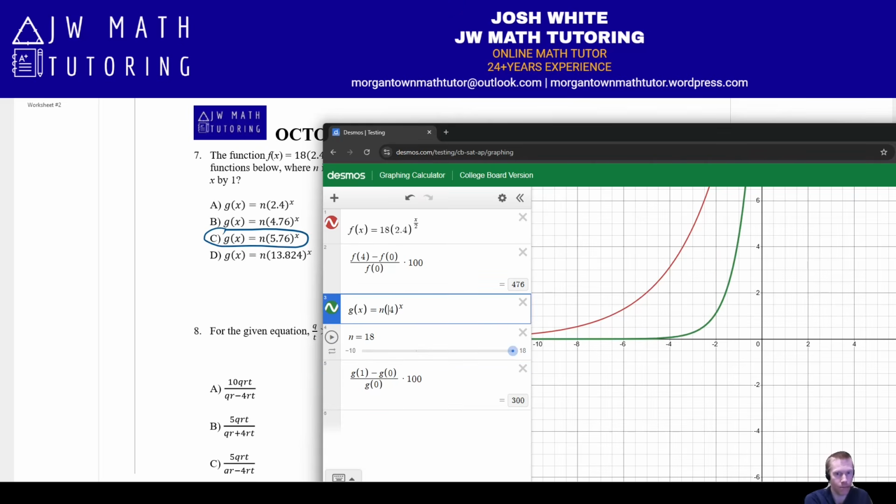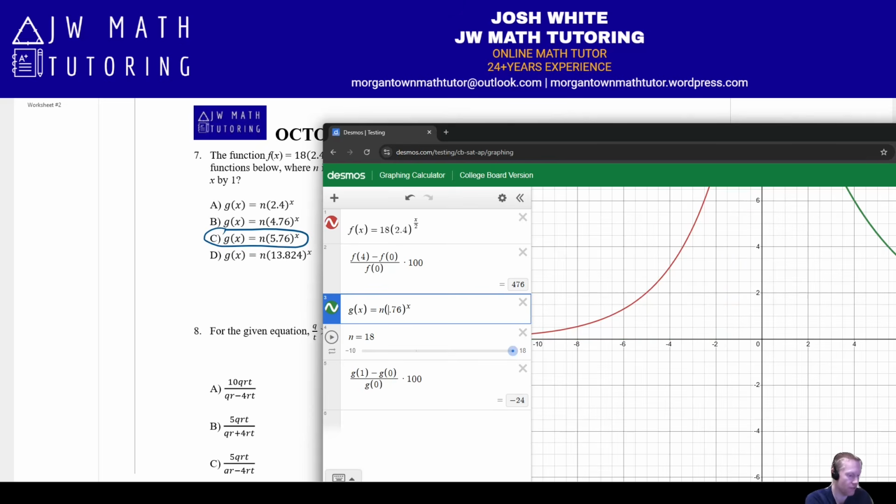Let's check out B. It's 376%. Notice that does not match what I got for the original function, which is 476. So that's wrong. Also, you're probably noticing that the percent increase is technically 1 less than the number you see inside here, multiplied by 100. 476 minus 100 is 376.